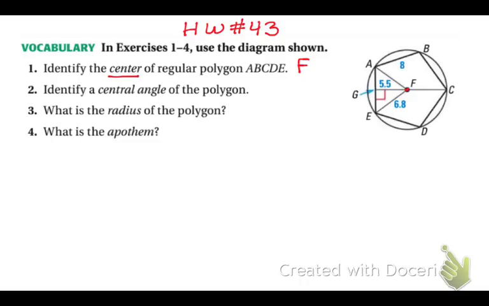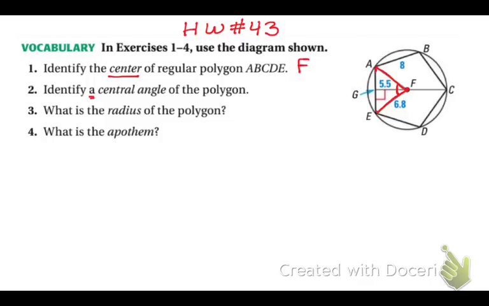Now identify a central angle. So remember that you could identify any central angle. You're free to do whichever one you want. And remember, because there's 5 sides, there's going to be 5 central angles. So the central angle is formed by radius to 2 consecutive vertices. Okay, so here is the central angle.